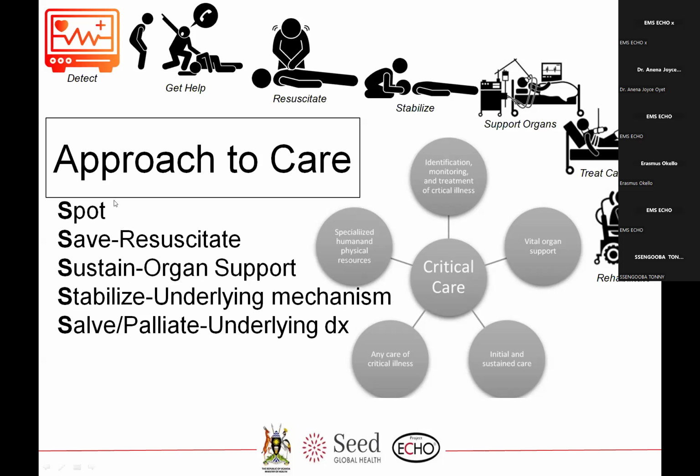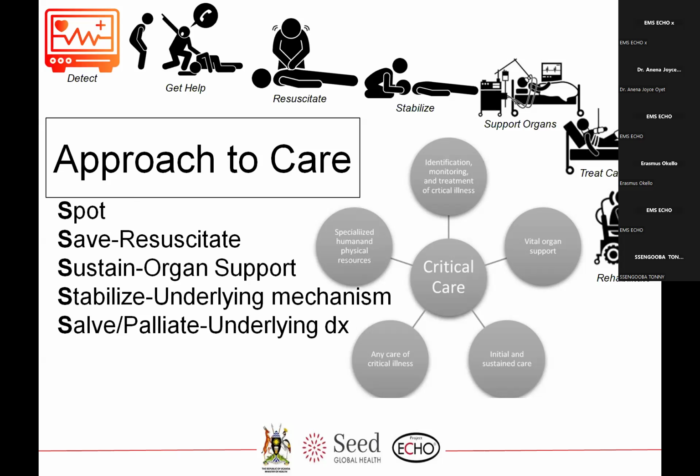So my simple approach to electrolyte abnormalities is you need to know there are 5 S's. That is to spot, which is to identify the problem. You need to save the patient from dying imminently by resuscitating them. And then you want to sustain life by providing organ support as necessary and stabilize the patient. In other words, the underlying mechanism is stabilized so it doesn't continue to cause problems to the patient.